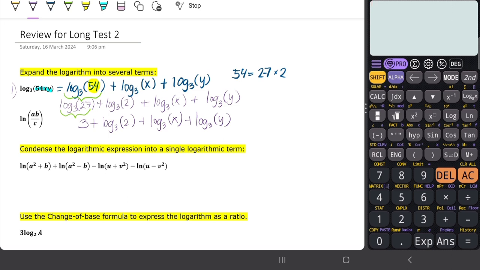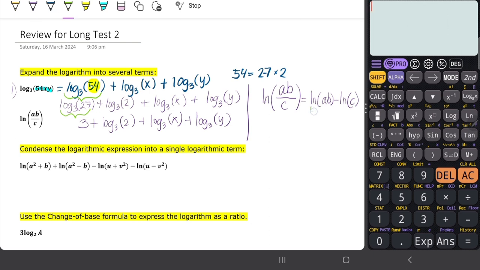For number 2, sulat na lang natin dito. Okay? So we have the natural log of a times b all over c. So since meron tayong division symbol sa ating argument, then we can apply the quotient rule. Applying the quotient rule, we have ln of AB minus ln of C. Okay?